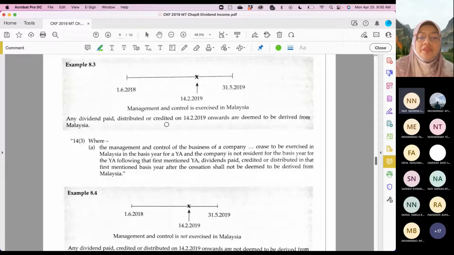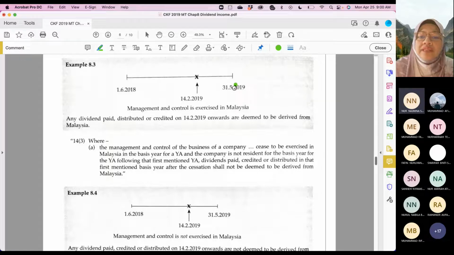Management control is exercised in Malaysia. So you look at 2018, 2019, about a one year period, and you only have one time where the directors' meeting is held here in Malaysia. Because of that one time management control is exercised in Malaysia, then the whole year here, YA 2019, right?